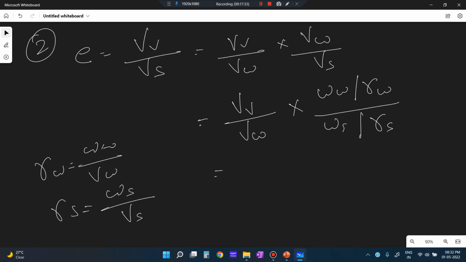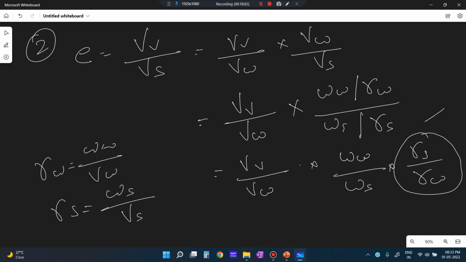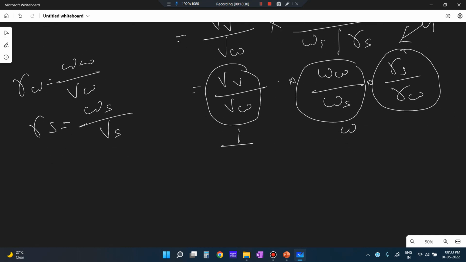Okay. So this gamma S by gamma W, this is G, and this one, weight of the water to the weight of the soil solids, is water content, and this one, volume of voids to the volume of water, is the reciprocal of degree of saturation.